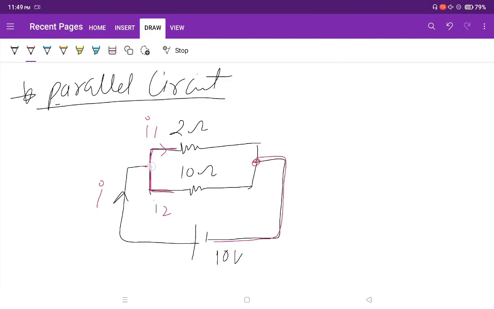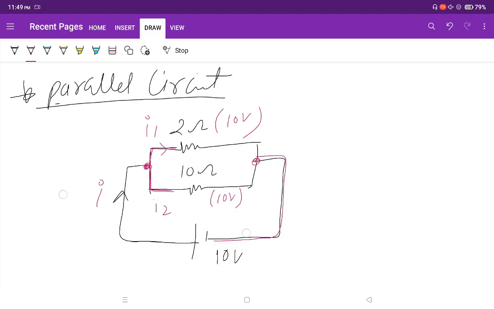The terminal potential here is 10 volts, so both have 10 volts of potential difference.